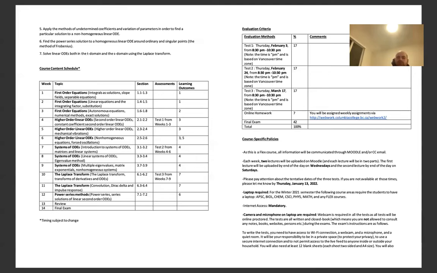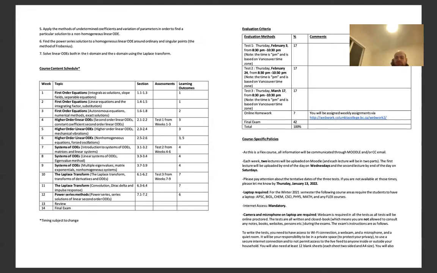So each week I will assign some homework there, and let's say overall it could be, for example, 350 marks total. At the end of the semester, I will look at your grade and find the percentage, but the weight of this part of the course is 7% out of 100%.